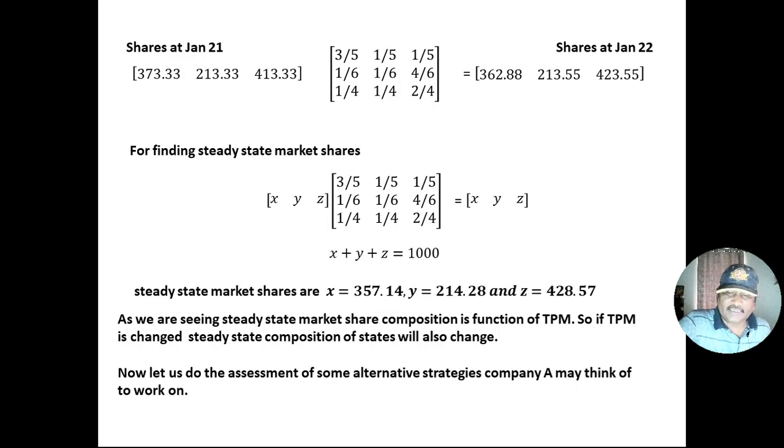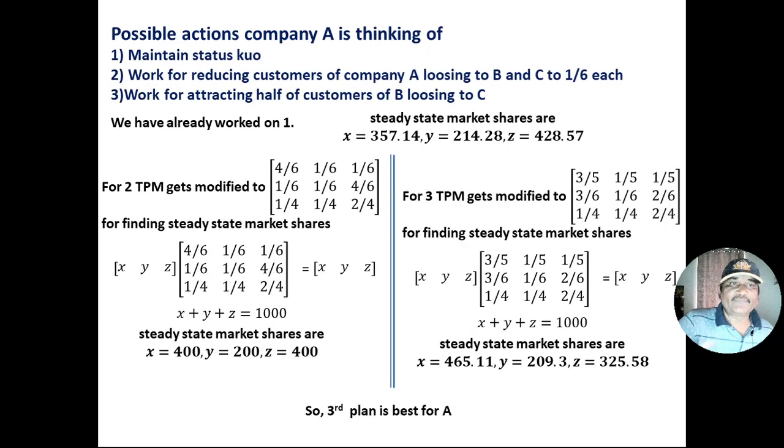Once you get that, most of your problems are solved, and you can utilize this transition probability matrix for predicting the market share for future periods, and also predicting the steady state market share. So we'll be doing certain analysis on this.